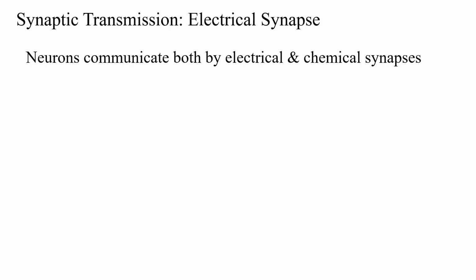Suppose this is connected with another cell here. They don't have to release the chemical. When the voltage gated channel comes, it will spread here. This is called electrical synapse. Directly they are linked with each other with some bridge. These are found in heart cells and some special parts in the brain.